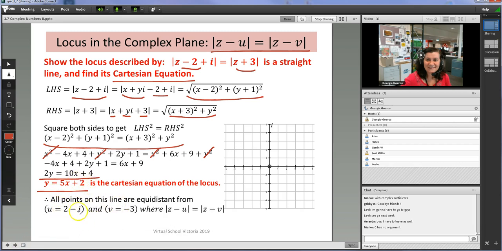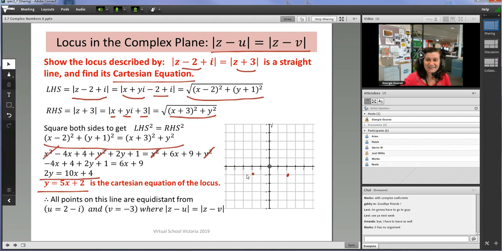This locus is all the points on this line are equidistant from, say, u equal to 2 minus i, and v equal to negative 3. Oops, hang on, I've got u in the wrong place. U is over here.